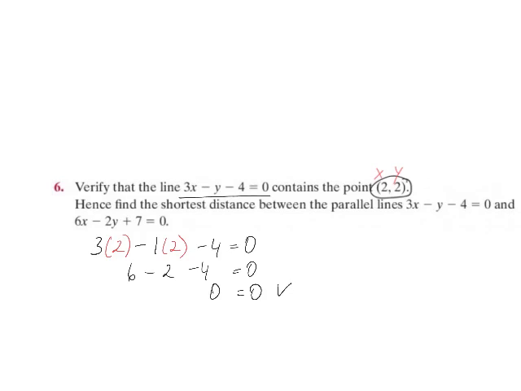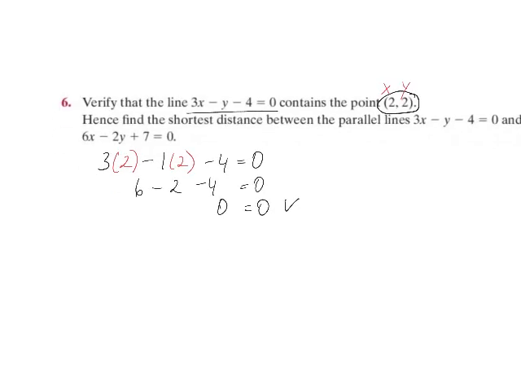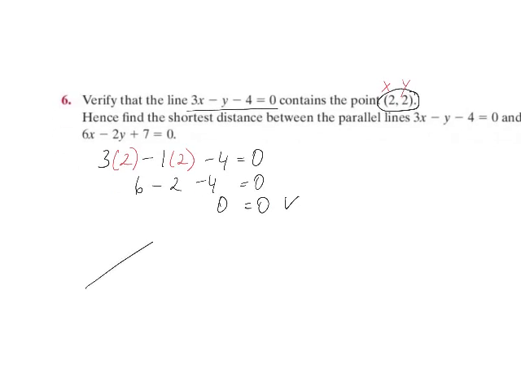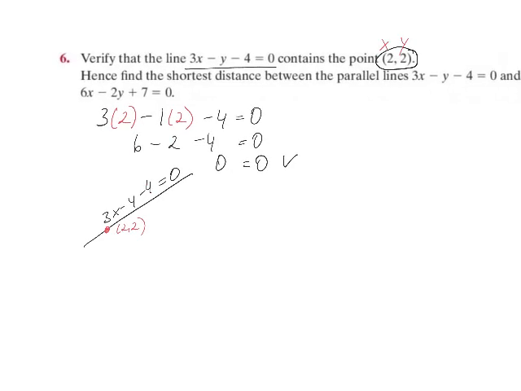So that means that this would be 3x minus y minus 4 equals 0, that the point 2, 2 is on this line. Okay, so let's look at the two lines now. So if we have 3, let me go a bit further down.